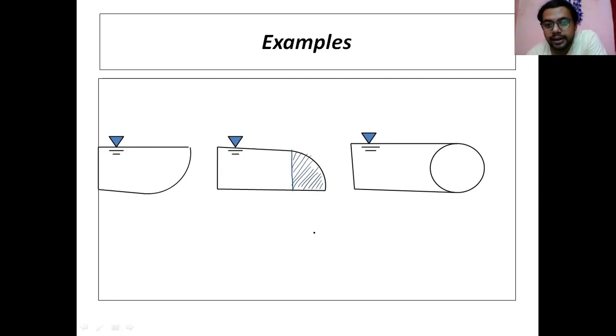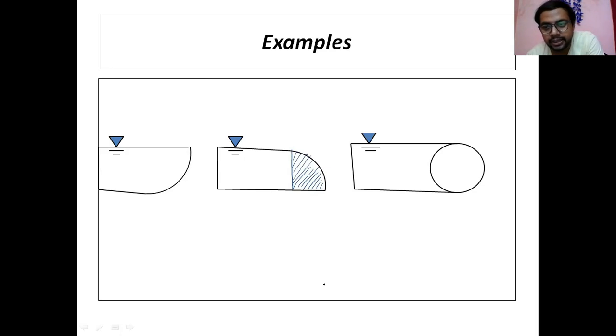And this volume is not supported by the curve. Actually, it's an imaginary type of concept that comes in here. What kind of concept? An imaginary concept, because the curved surface replaced this much liquid.